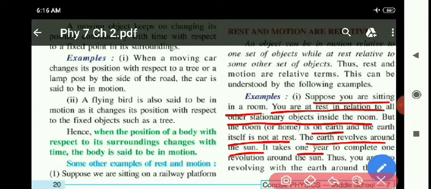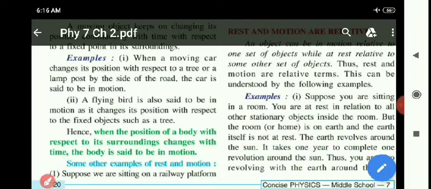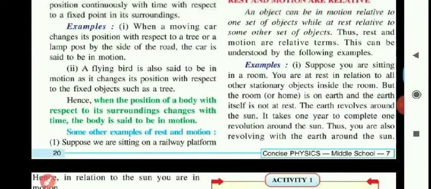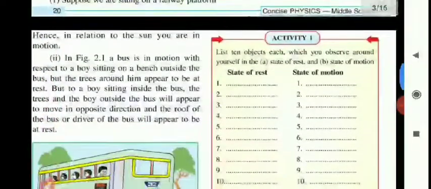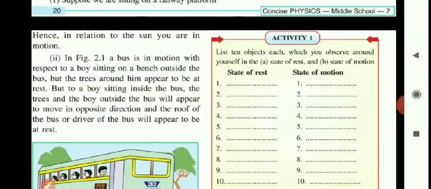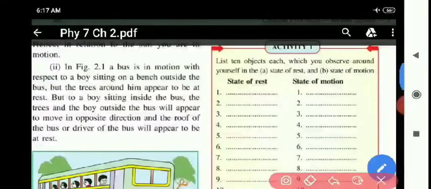How much time does the earth take to complete one revolution around the sun? 1 year or 365 days. Thus, you are also revolving with the earth around the sun. Hence, in relation to the sun, you are in motion.